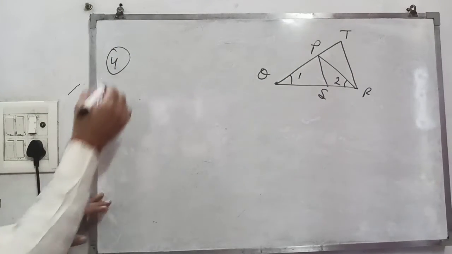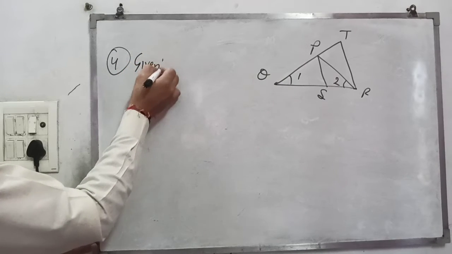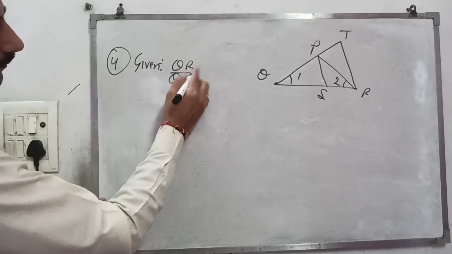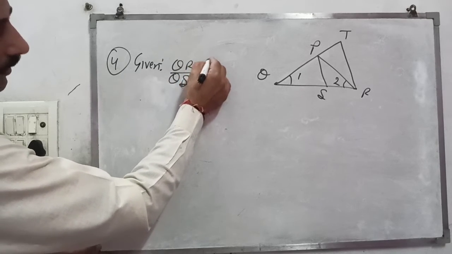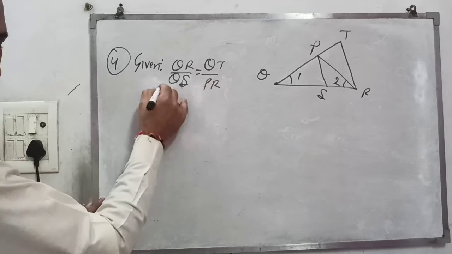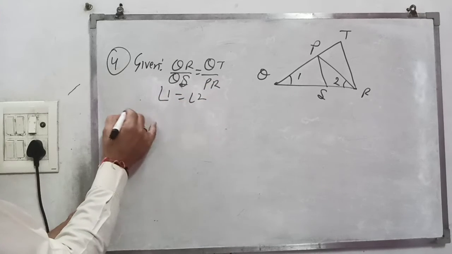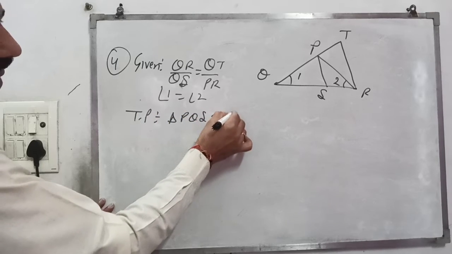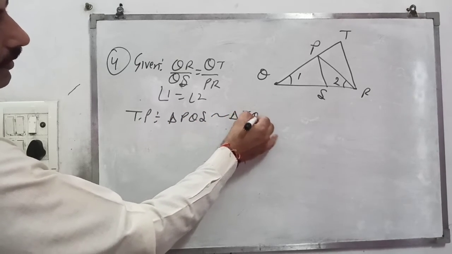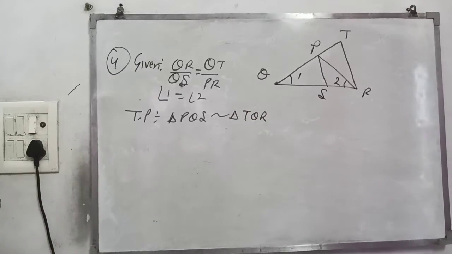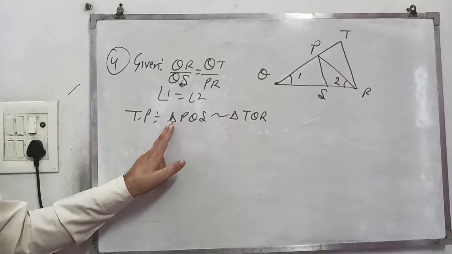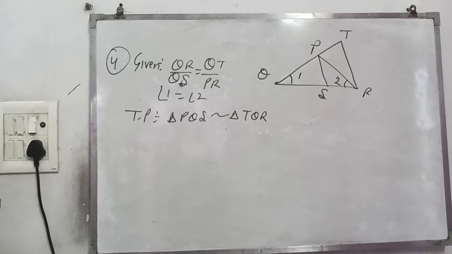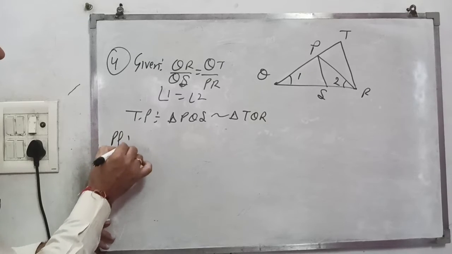So it is given that QR upon QS is equal to QT upon PR, angle 1 equal to angle 2. We have to prove that triangle PQS is similar to triangle TQR. So look at the solution.